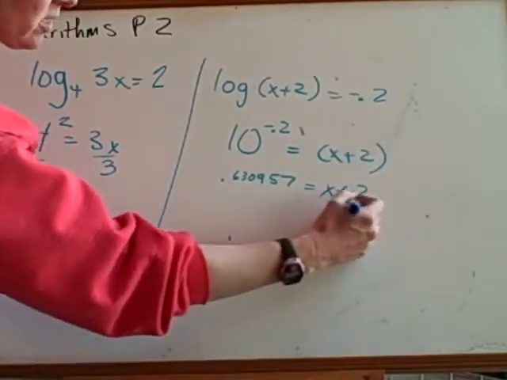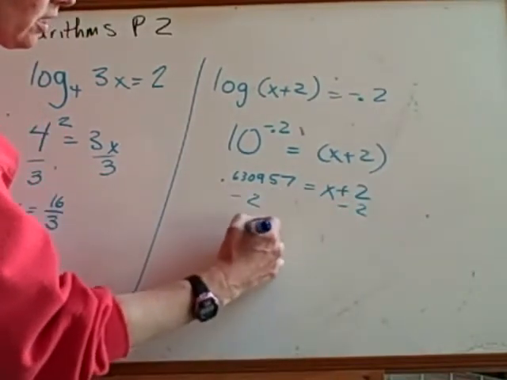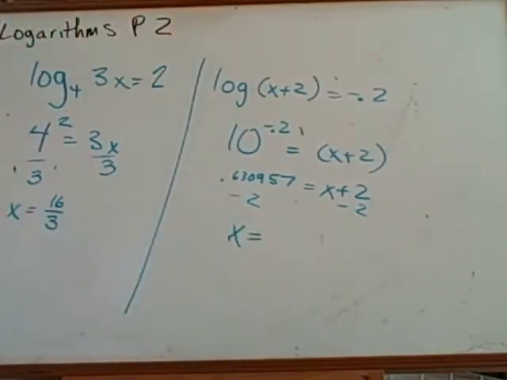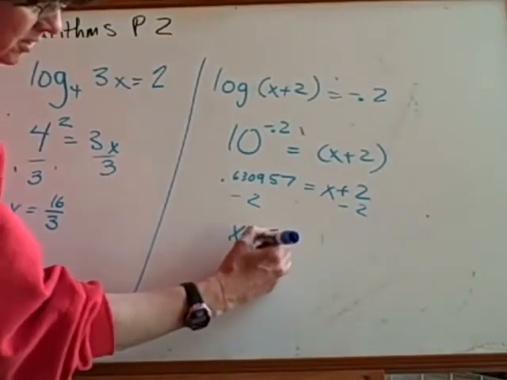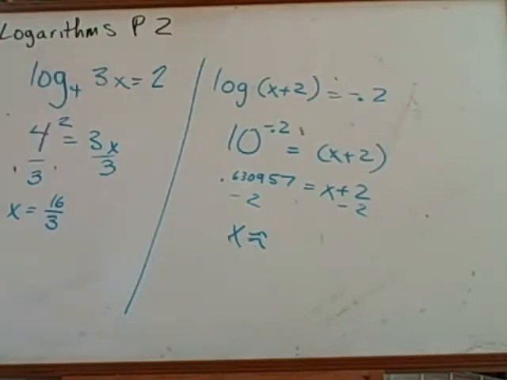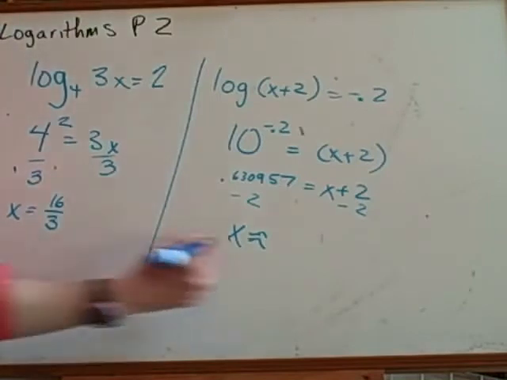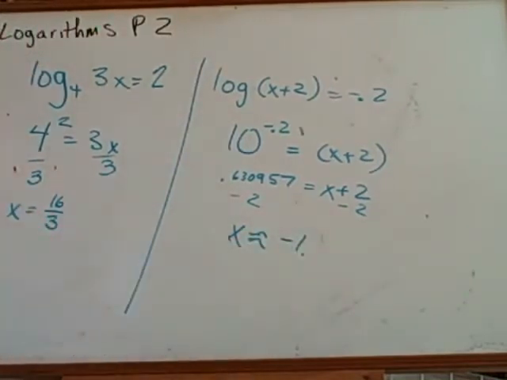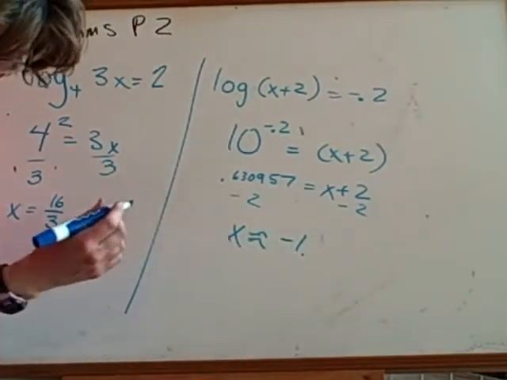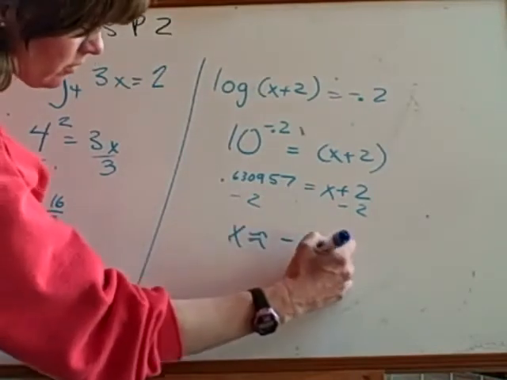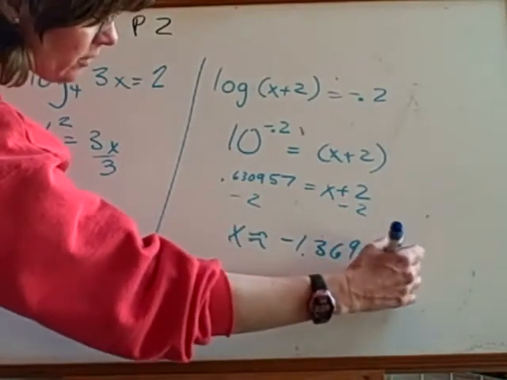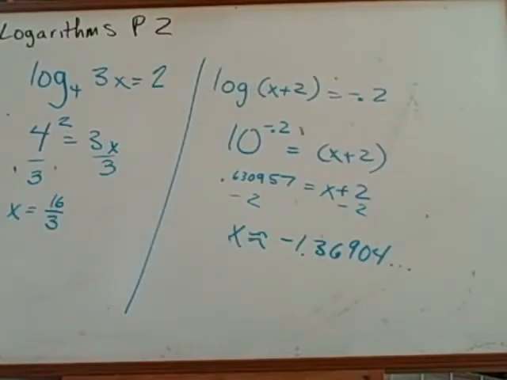Now, at this point, I'm going to take away 2 from both sides, so I get x is equal to, and I guess I'll put an approximate because I'm going to be rounding. So let's see, take away 2. -1.36904, and so on. Okay with that?